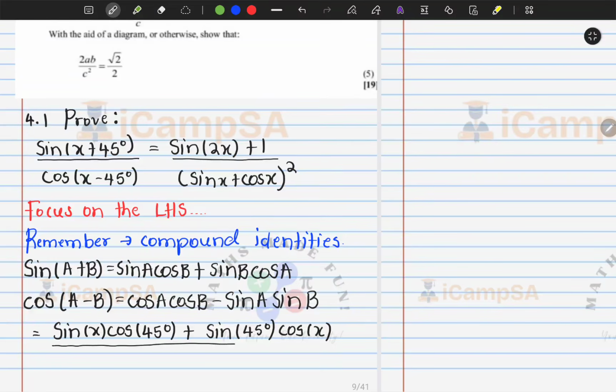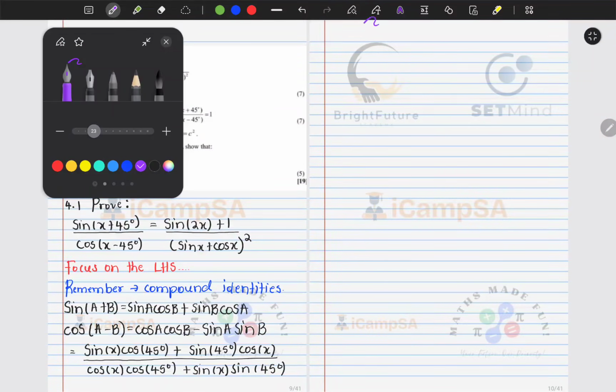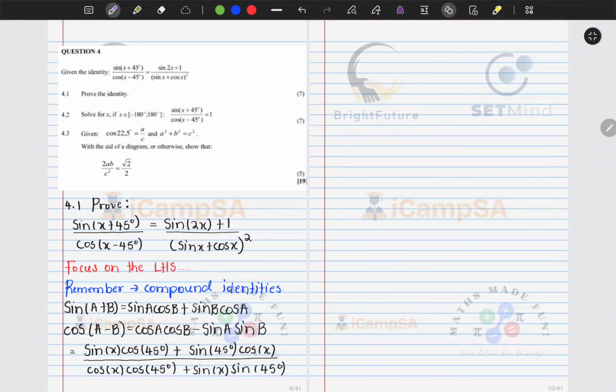And this will be divided by our denominator, which will be cos of x times cos of 45, and then since there's a minus, we put in a plus, sine of x sine of 45 degrees. Then your special triangle for 45 degrees is very simple, and you should be able to remember it.